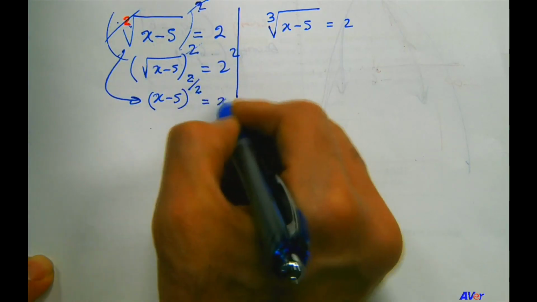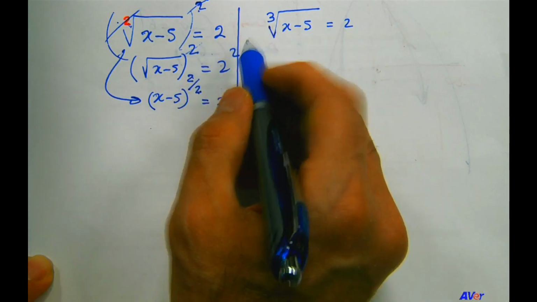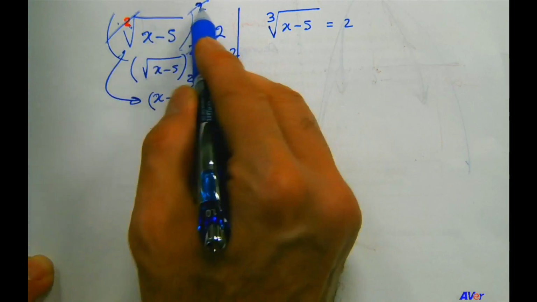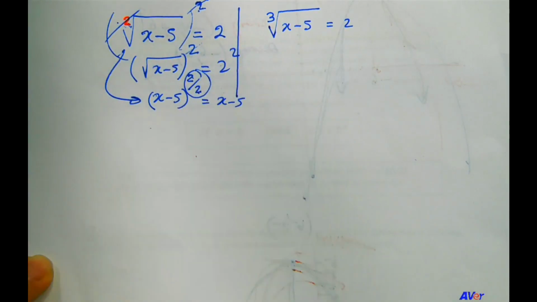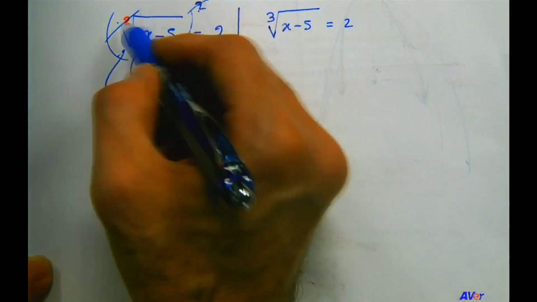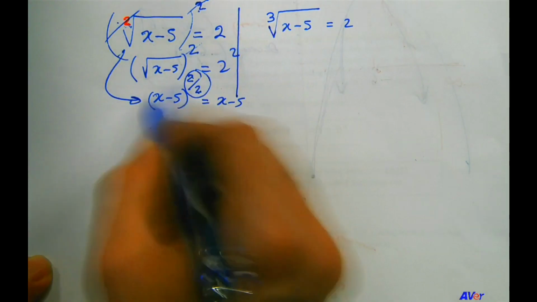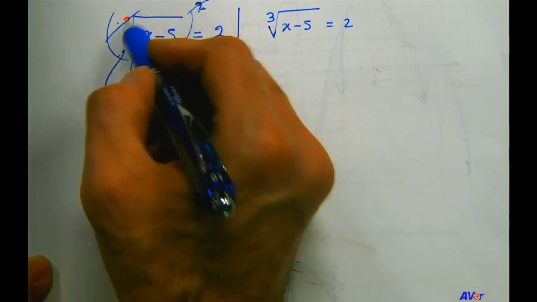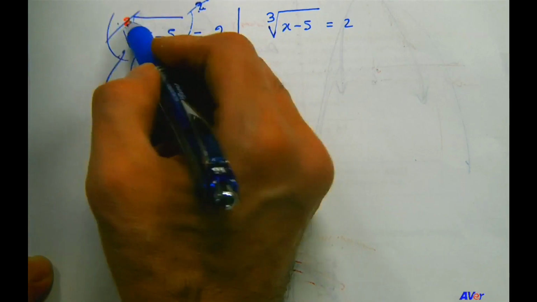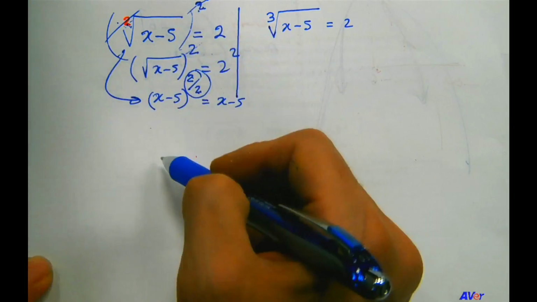So we get x minus 5. The power is 1, it's just gone, right? That's why if that power is equal to the index, they cancel each other out. If this is the third root and that's 3, 3 over 3 is 1. So again, they cancel each other out. So that power must always be equal to the index if we wish to eliminate the radical expression.